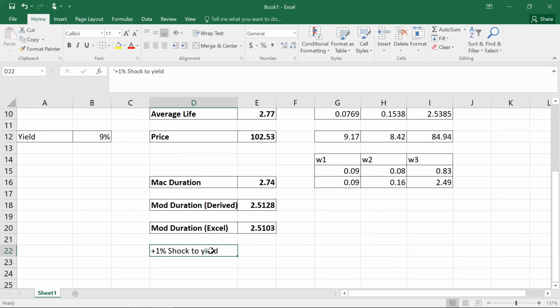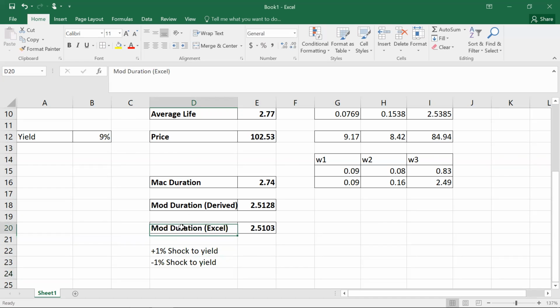Whenever you increase the yield, the price of the bond will decrease. Then give a minus 1% shock to yield and find out the price, because that is how we can also find out the modified duration.